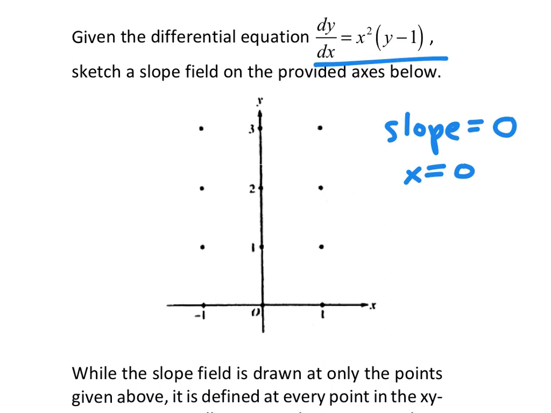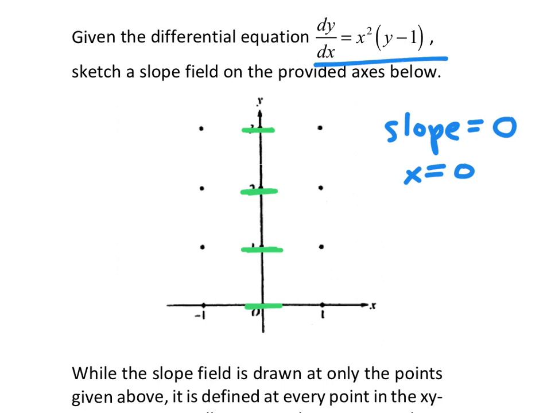A slope of 0, remember, is a horizontal line. So at every point along x equals 0, I'm graphing little tiny tangent lines that have a slope of 0. These would be the tangent lines to the original solution curve, which would be y, but we don't have that, of course. That's the same thing as y equals f of x.